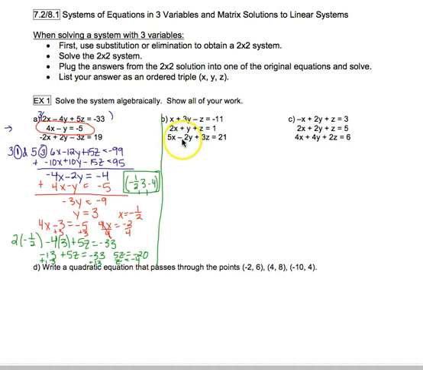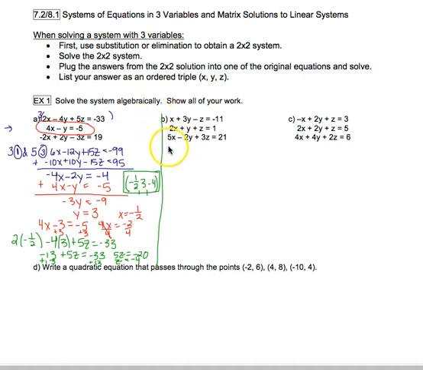In this case, I would probably say that it is easiest to eliminate my z because I already have opposites here. So in order to create a 2x2 system, that means I need to eliminate z, or whichever variable you choose, from 2 separate sets of equations. So same variable, 2 separate sets of equations.